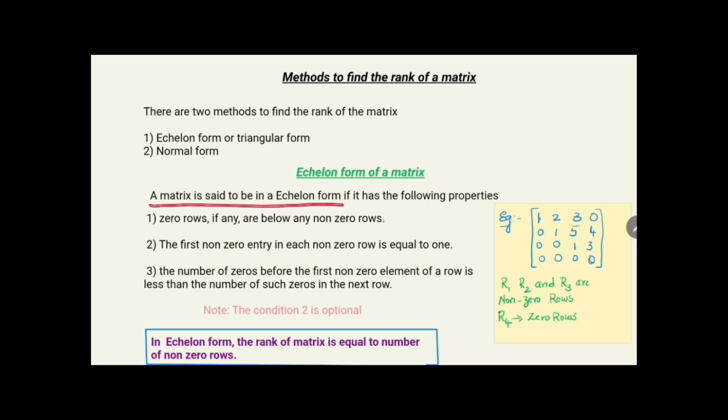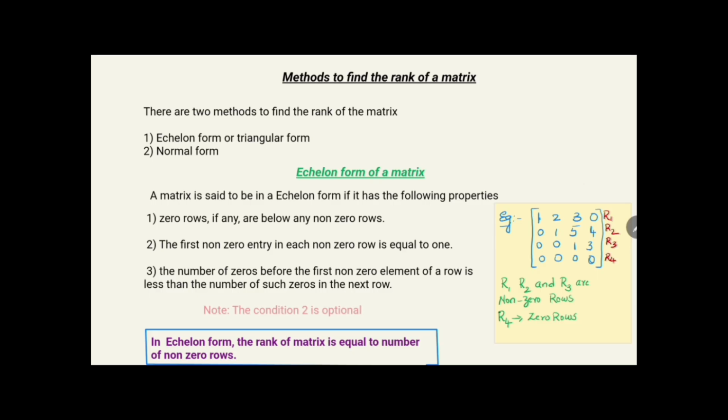A matrix is said to be in echelon form if it has the following properties. First one, listen carefully, students. Zero rows are below any non-zero rows. It means that 0 rows should be below any non-zero rows. See, coming to the example here, this is R1, R2, R3 and R4.